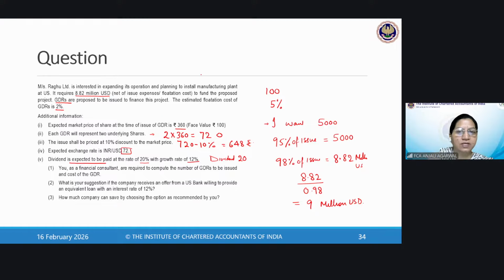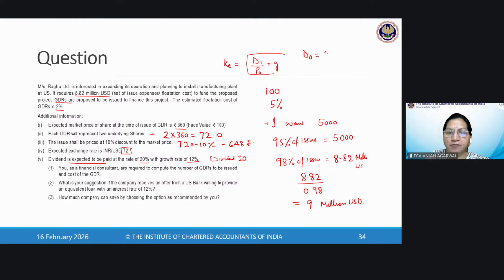So we will be using here our model of cost of equity is equal to D1 upon P0 plus growth. So expected dividend is D1. If this was the dividend last paid or just paid, 20%, then we would have got D0.